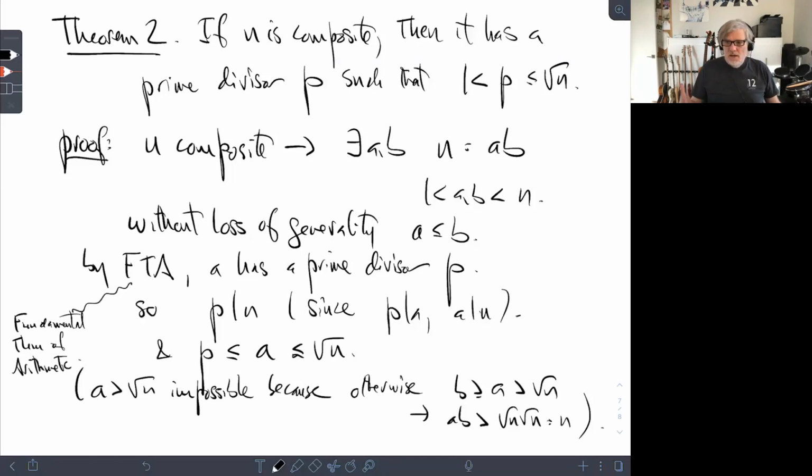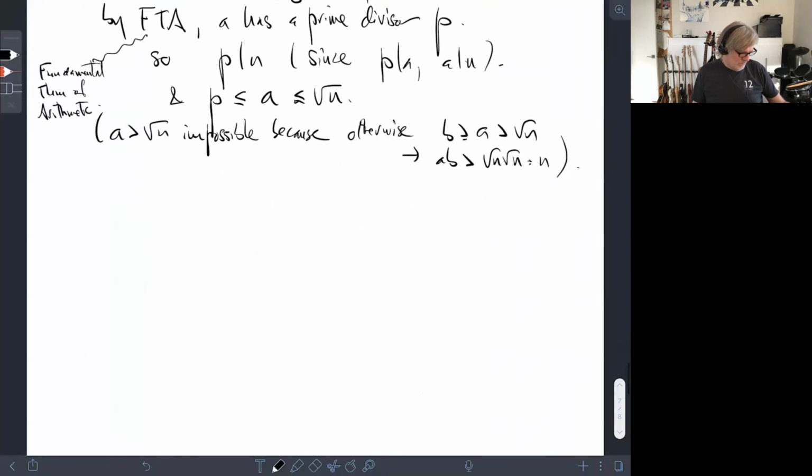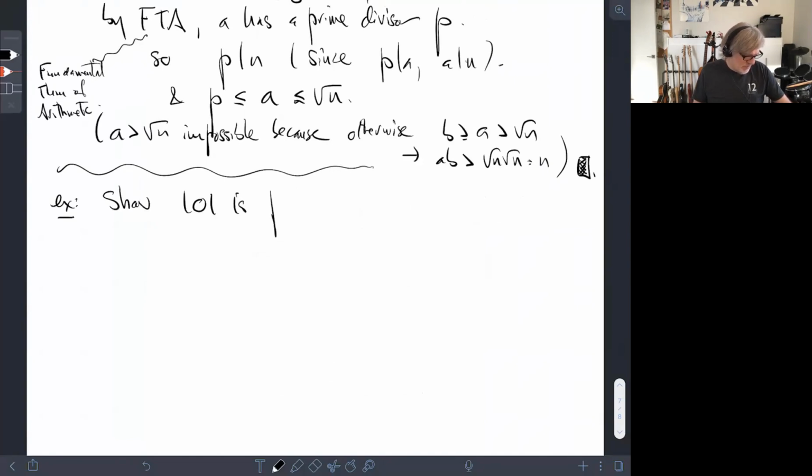How can I use this? Let's put a little square here so you know that's the end of the proof. Here's an example. Show 101 is prime. I want to show that 101 is prime.